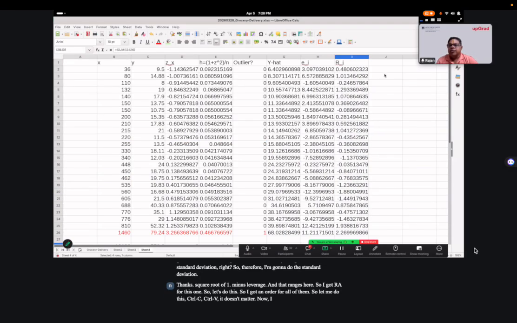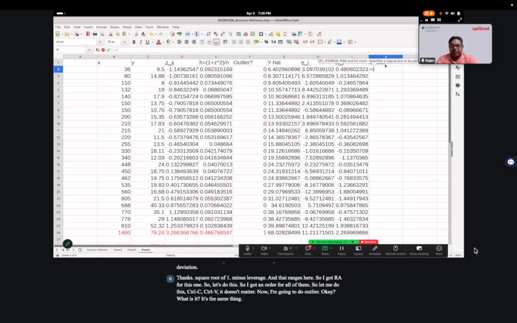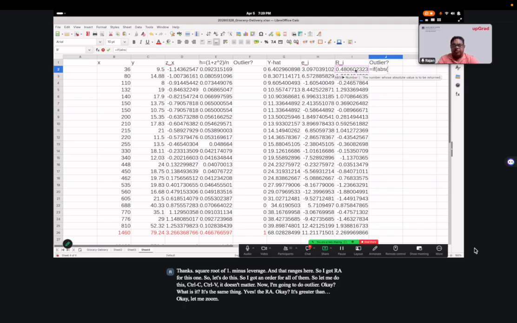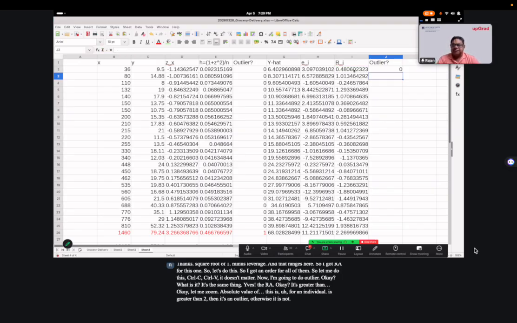Now I'm going to do outlier. It's the same thing. If the absolute value of this studentized residual R I is greater than 2, then it's an outlier, otherwise it is not.